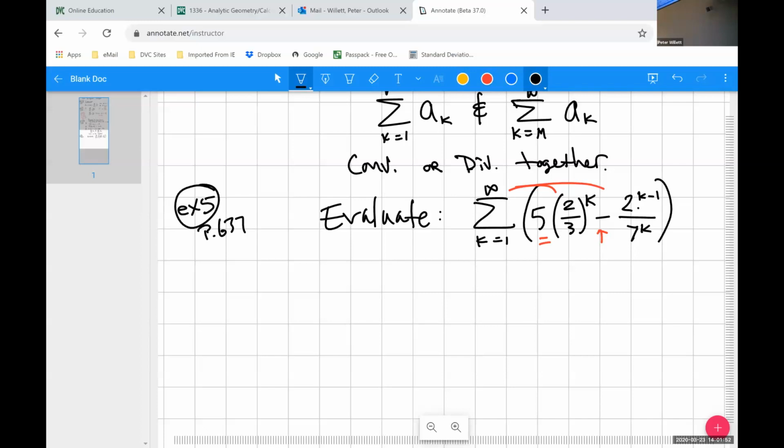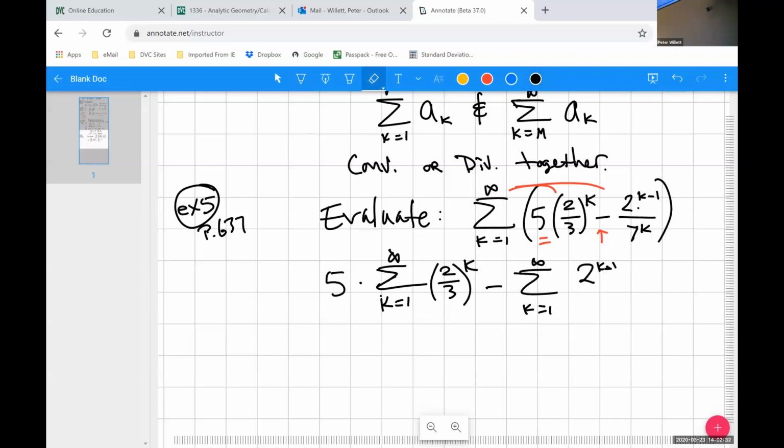So using properties 1 and 2 of the Theorem 8.13 that we just looked at, that means I could rewrite this as 5 times the series as k goes from 1 to infinity of (2/3)^k, minus the series as k goes from 1 to infinity of (2^(k-1))/7^k.